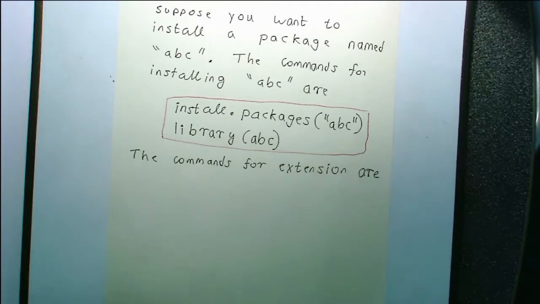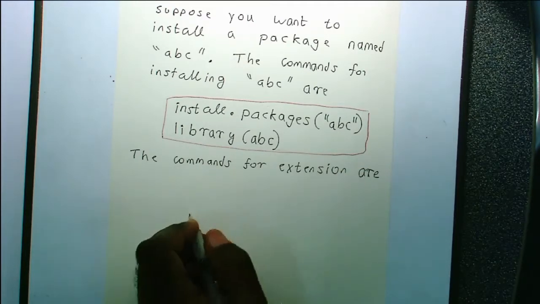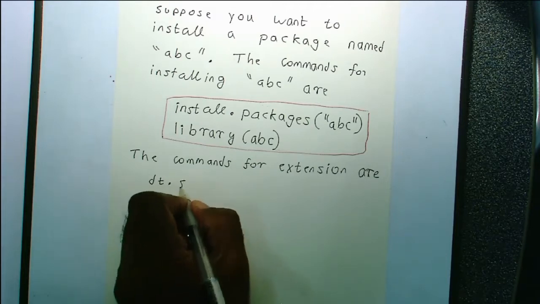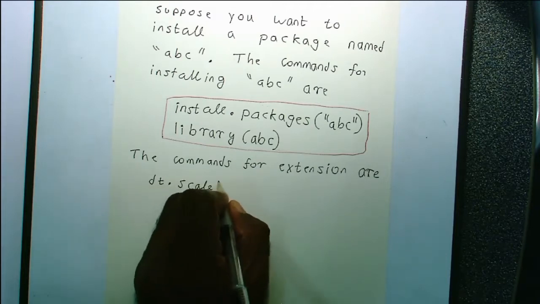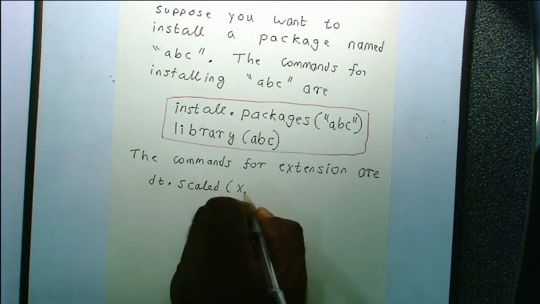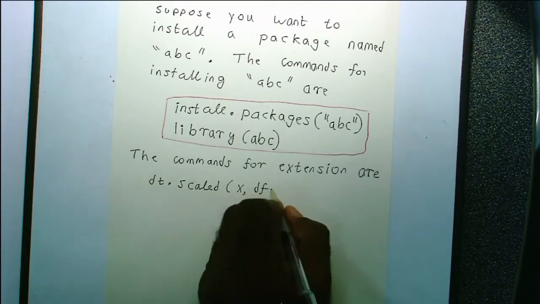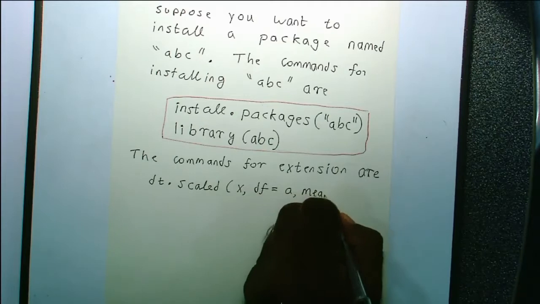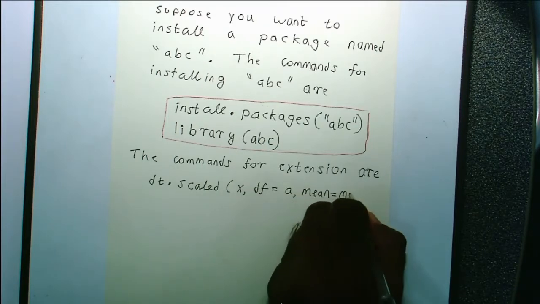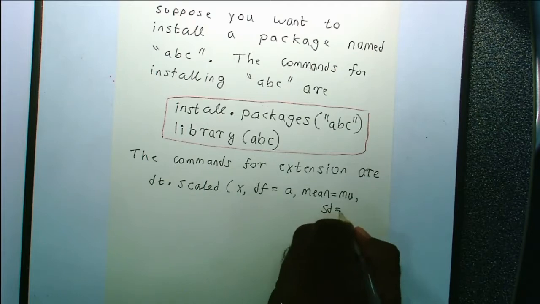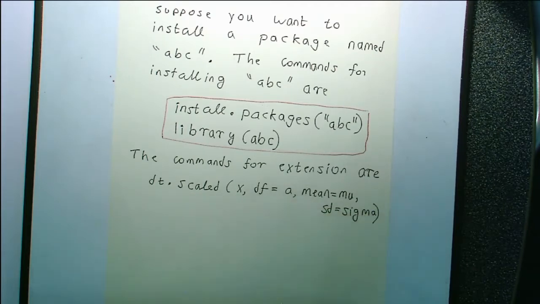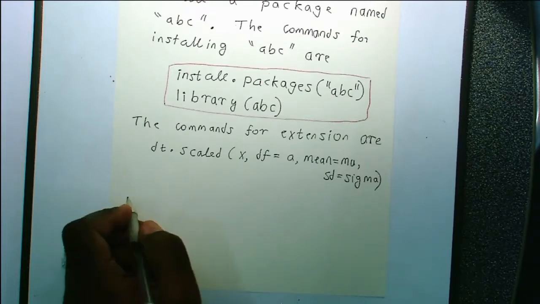The commands for the extension are as follows. The first one is dt_scaled(x, df = a, mean = mu, sd = sigma).